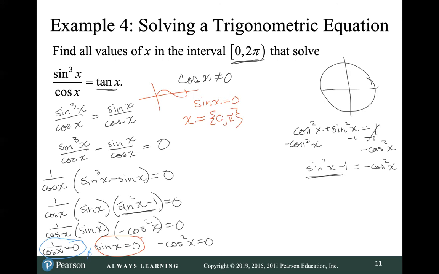And then lastly, when will negative cosine squared x equal 0? Well, we could answer that, but remember how cosine of x cannot equal 0 because of our denominator? So these will be extraneous. So we had 3 factors that we had to check. We checked each of them, and we end up with our answer x equals 0 and pi.